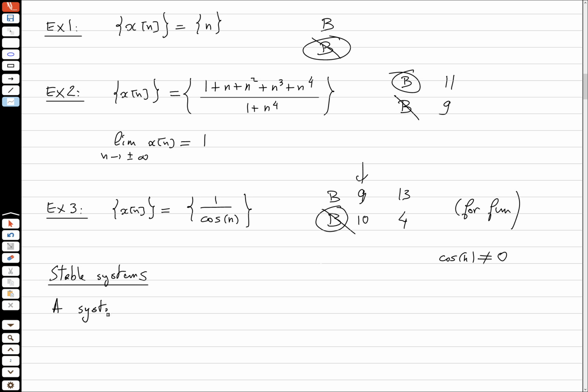A system S is stable when every bounded input gives a bounded output.